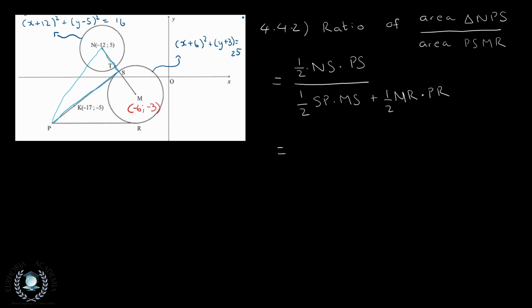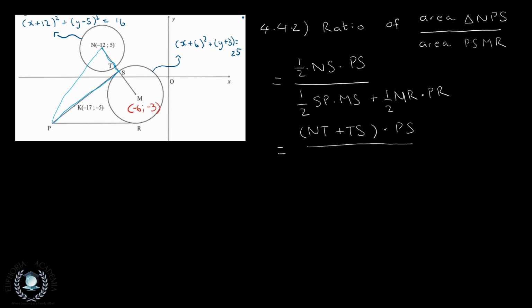So NS is actually NT plus TS. So let's do that. NT plus TS, and all of that is multiplied by PS, which we already have a distance for.